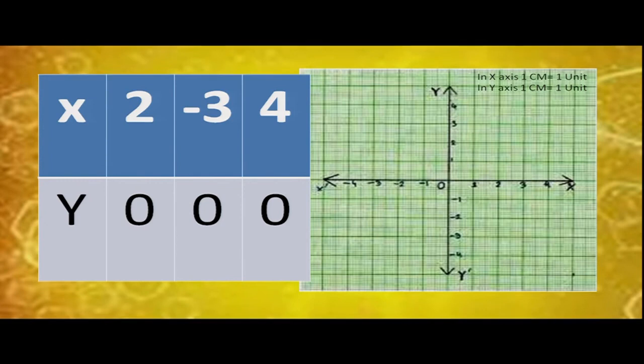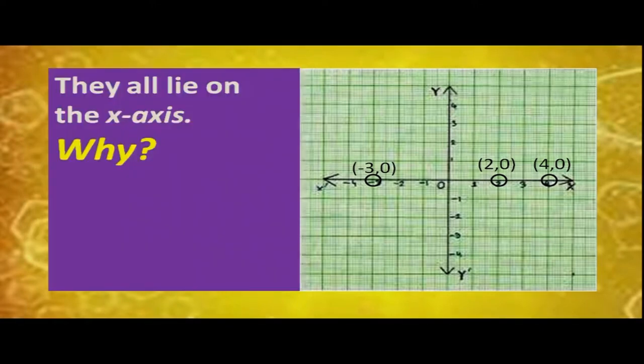If we plot these points on the graph, (2, 0) is a point on the x-axis, (-3, 0) is also on the x-axis, and (4, 0) also lies on the x-axis. From this, we can conclude that they all lie on the x-axis.